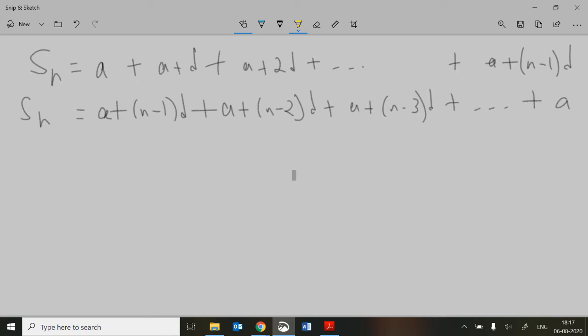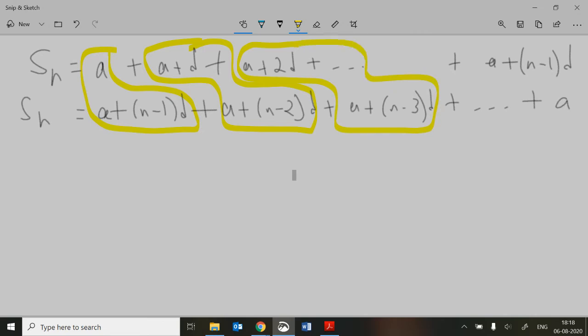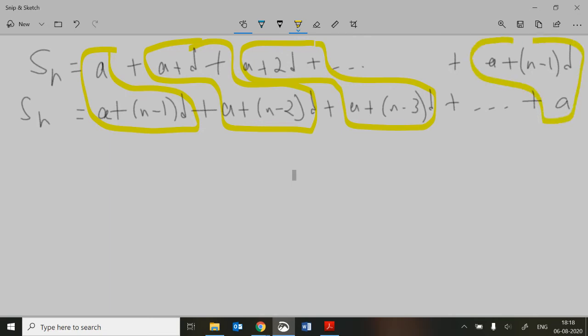Now check this out. This is kind of clever. So when I add this together, it's going to give us the same as when we add this together. It's going to give us the same as when we add this together. Not with the dot, dot, dot, I'm being a bit pedantic there. And then it's the same as when we add this together. They're all the same because I get 2a and n minus 1 lots of d.